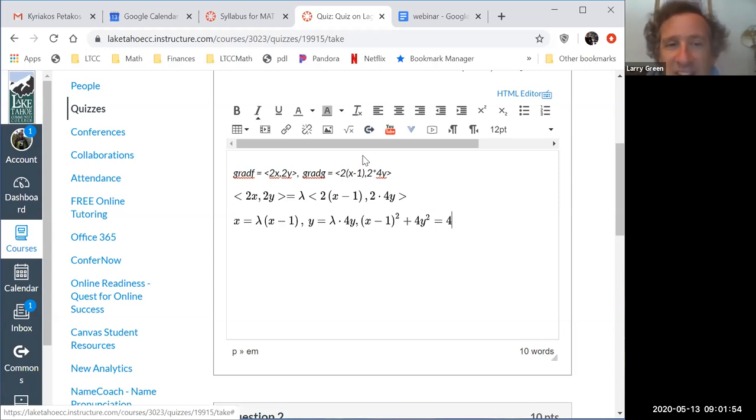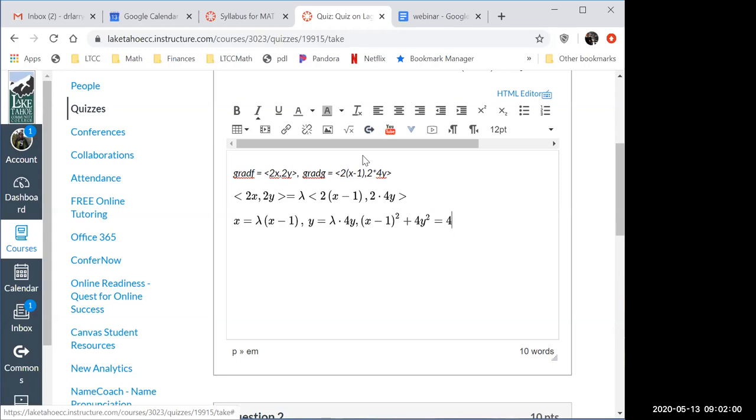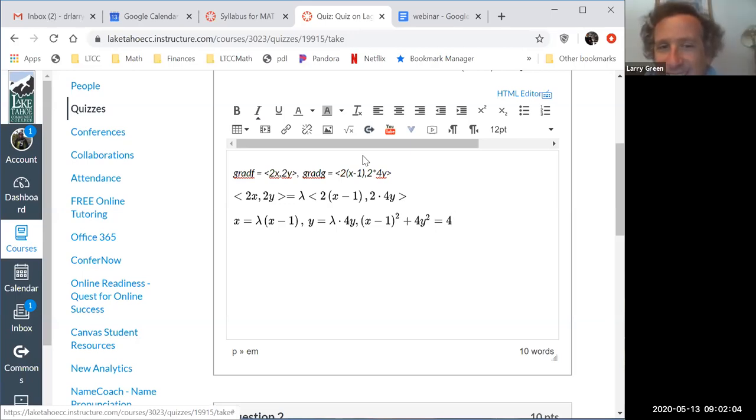Which is the easiest of the three that's going to give us some simple information quickly? The second one, the one with the y's in it. Okay, because when you have y equals lambda times 4y, if we just divide by 4y, you get lambda as a fourth.